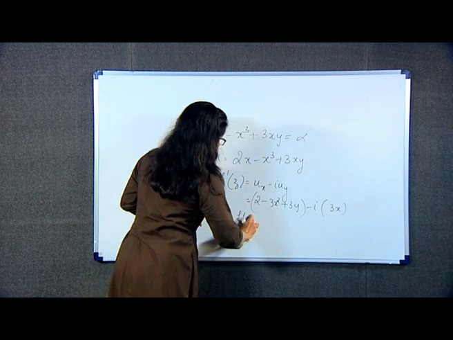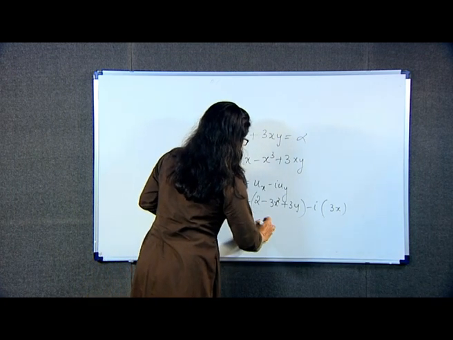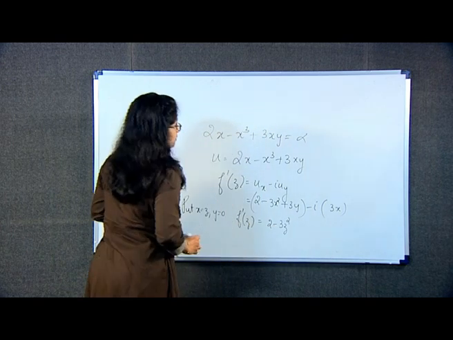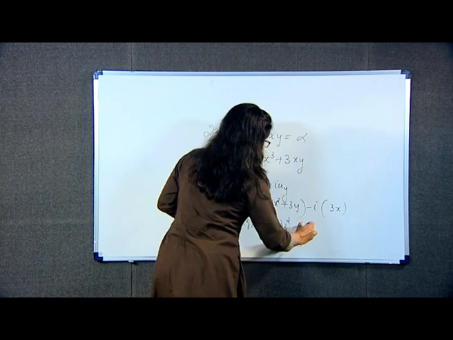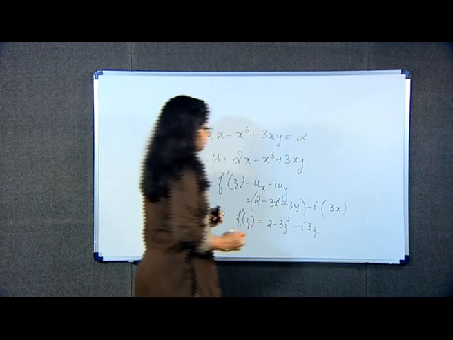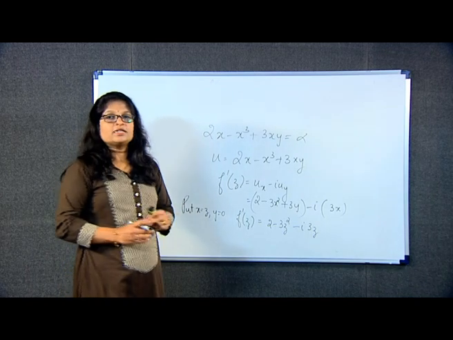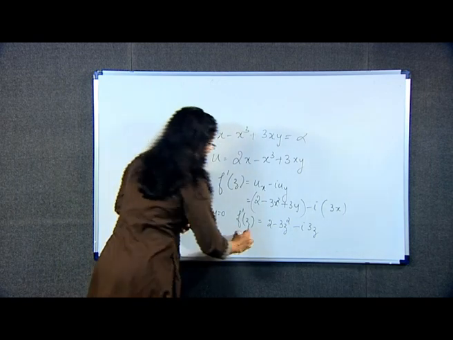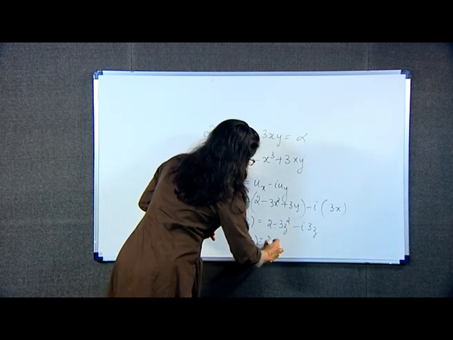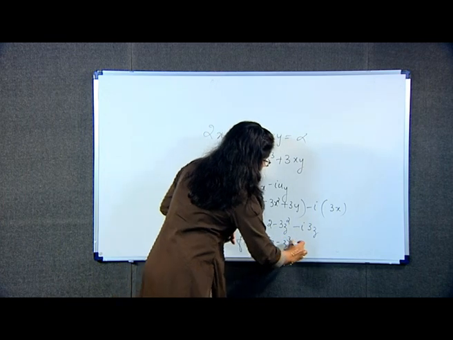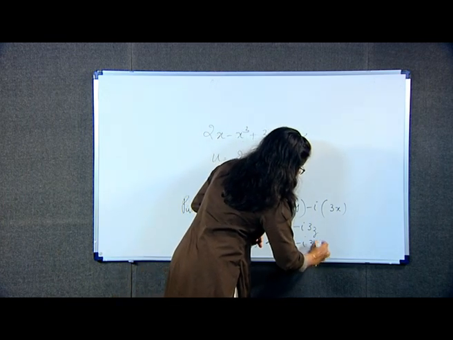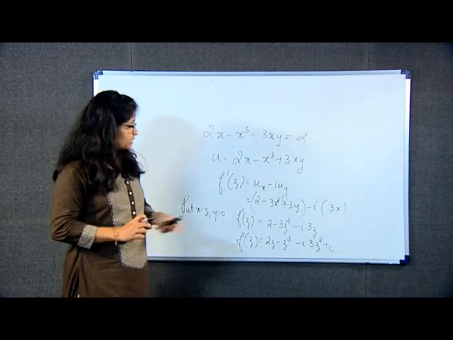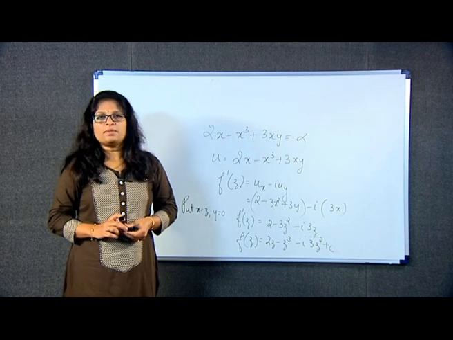So, my f dash z here becomes 2 minus 3z square minus i into 3z. Now, I will integrate this with respect to z to get your f of z. So, your f of z is nothing but 2z minus z cube minus i into 3z square plus c.